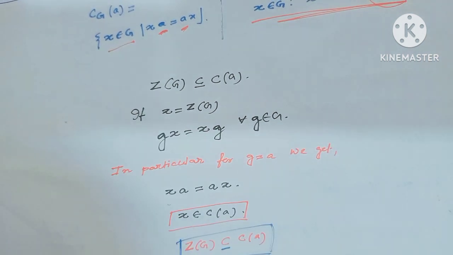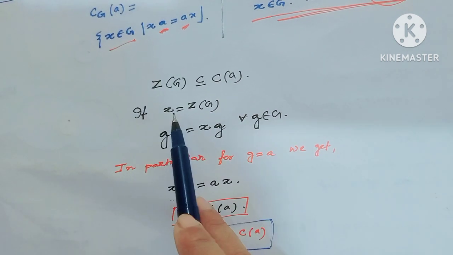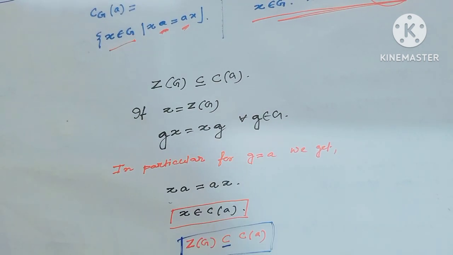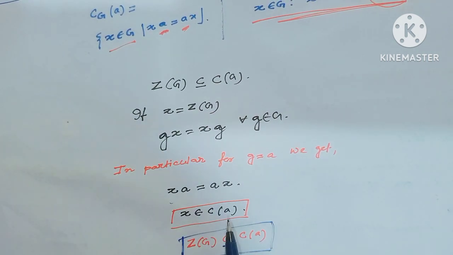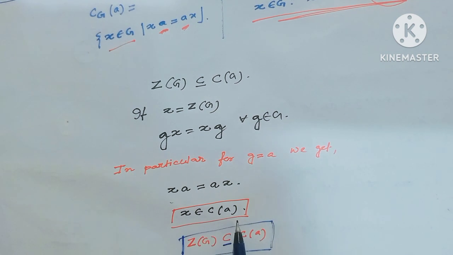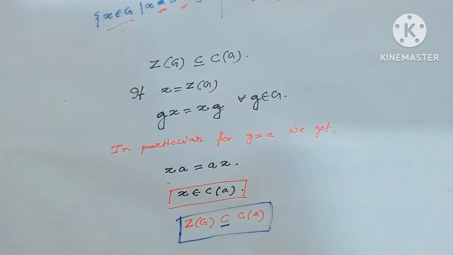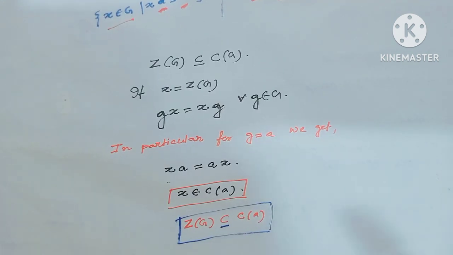Here I have considered x belonging to Z(G), and here also I have got x belongs to C(a). That means Z(G) is contained in C(a).